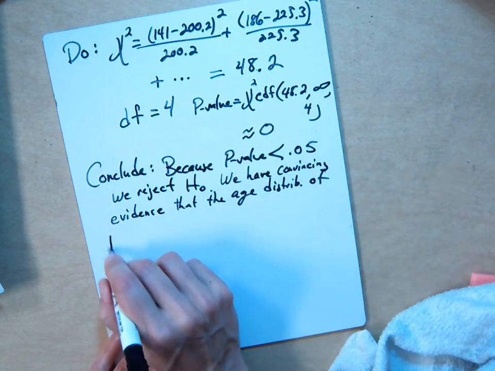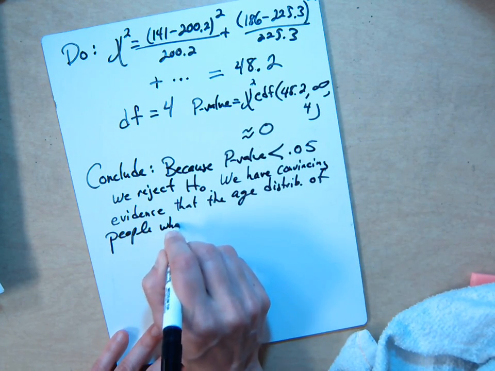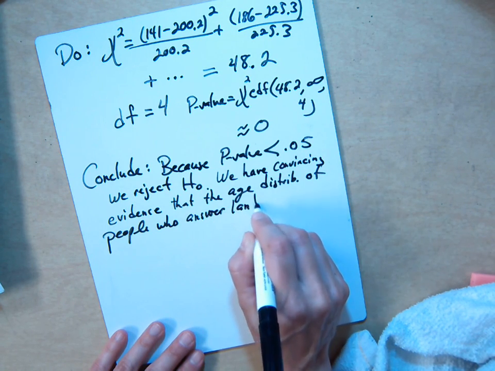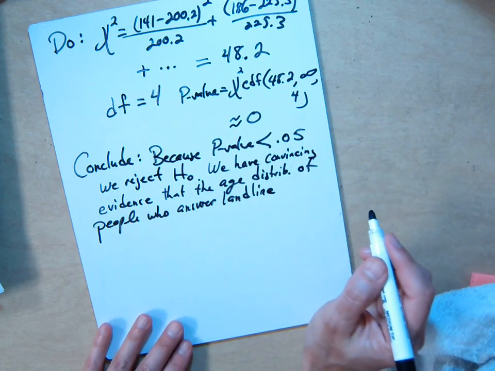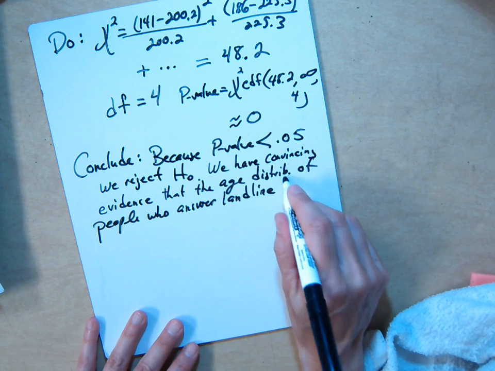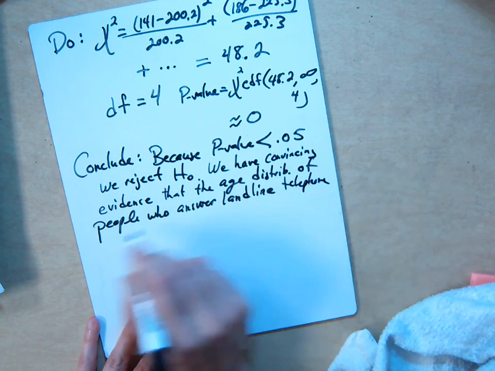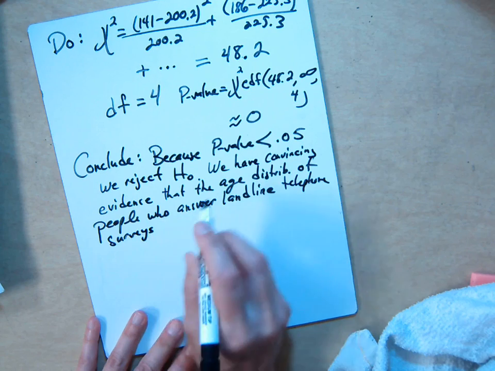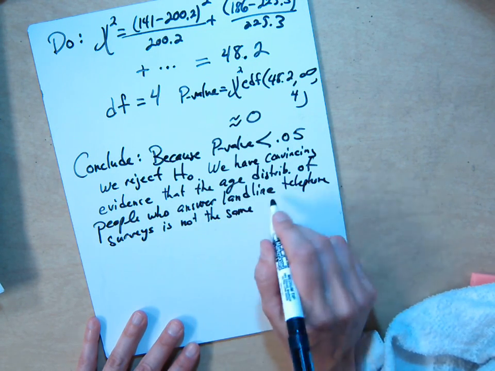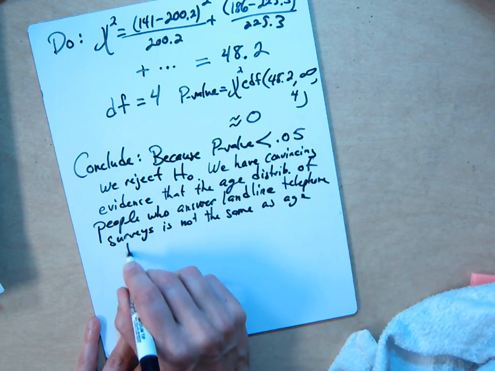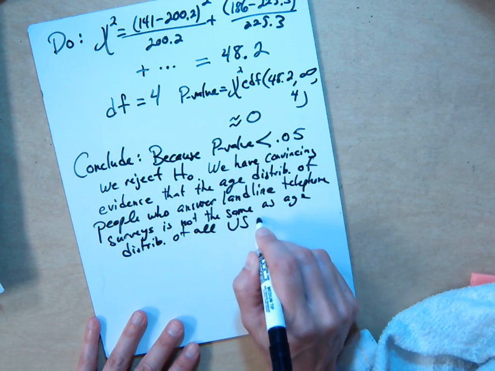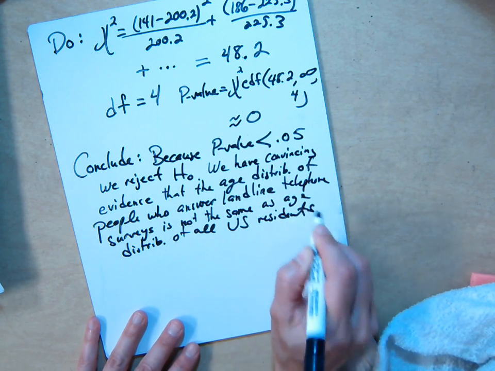Which is not surprising with a chi-squared of 48.2. Okay.